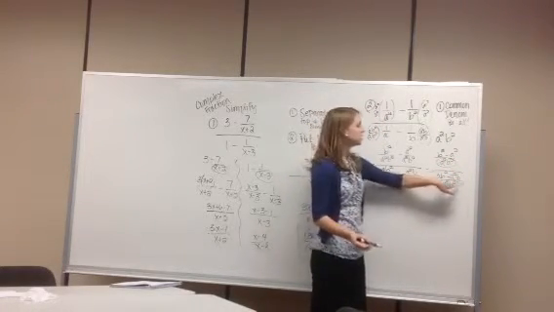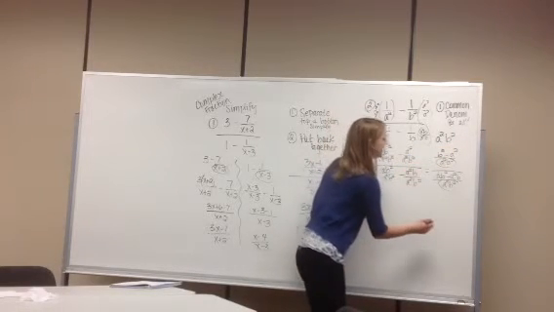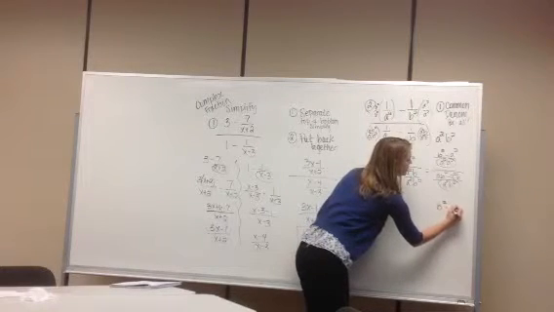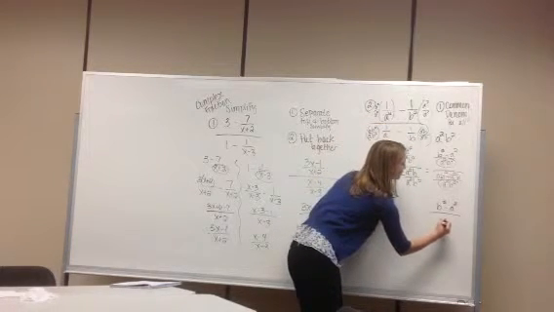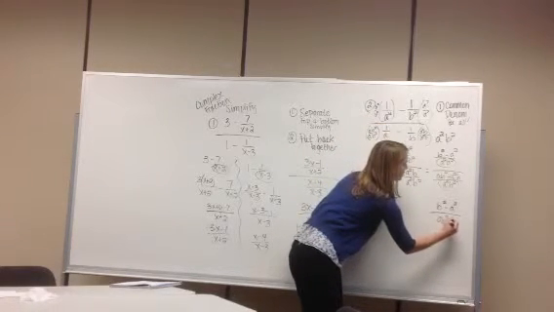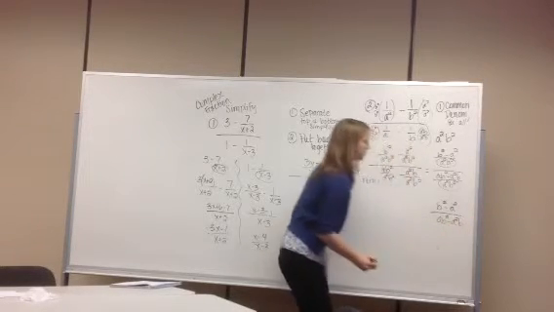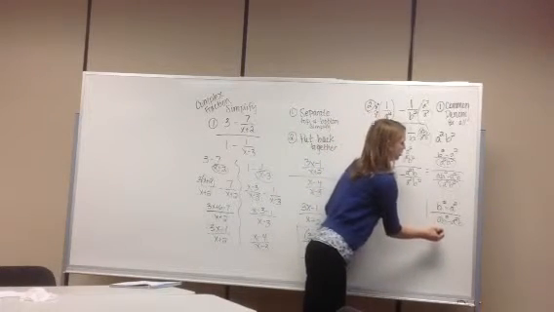If you don't believe me, multiply by the reciprocal, you'll see that they cancel out, which means I can take this down to be just b squared minus a squared over ab squared minus a squared b. And then you'd be done.